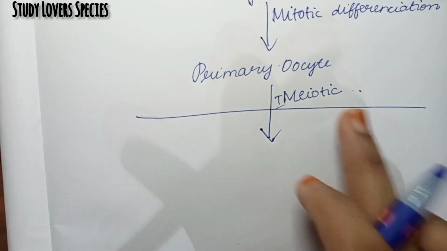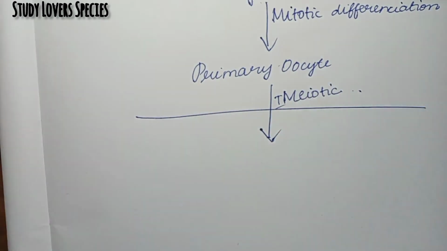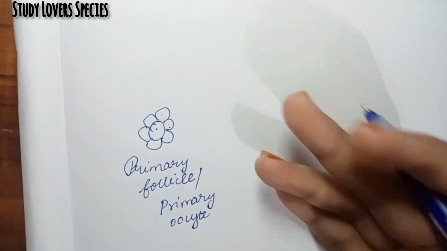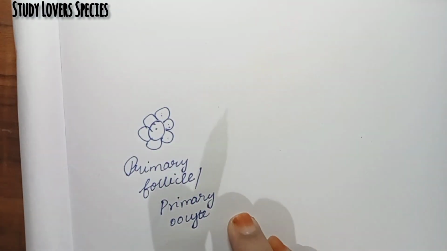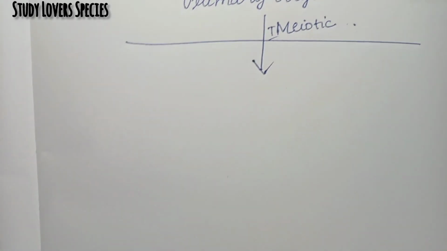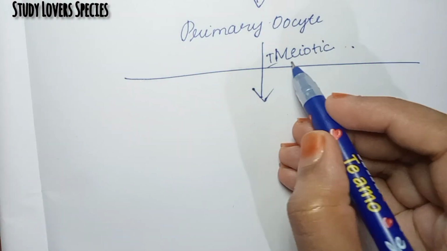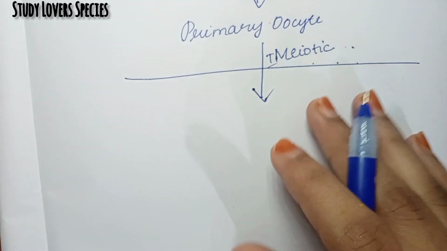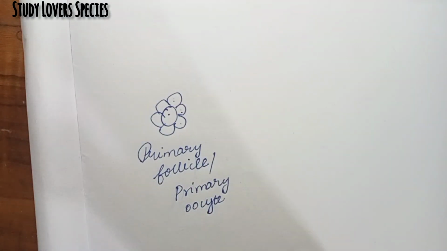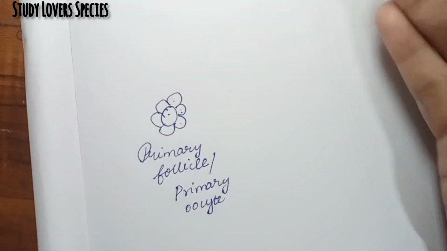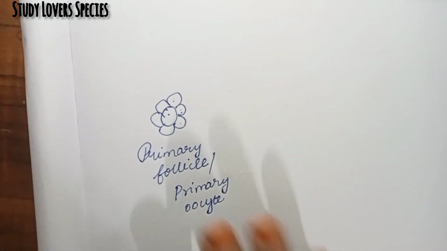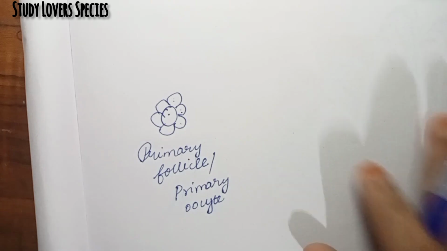Now let's go back. The first meiotic division will get stopped, right? In this stopped stage, many of the primary follicles that were there when the baby came out of the mother's womb will get degenerated.